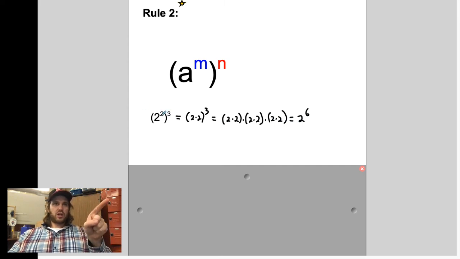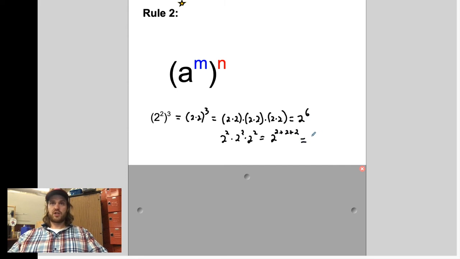What operation can I do with 2 and 3 that will give me 2 to the 6th? We could have also written this as 2 to the 2nd times 2 to the 2nd times 2 to the 2nd, which is 2 to the 6, or 2 plus 2 plus 2. Repeated addition. Guess what repeated addition is, folks? Multiplication. Remember? From the way back machine that we did earlier.